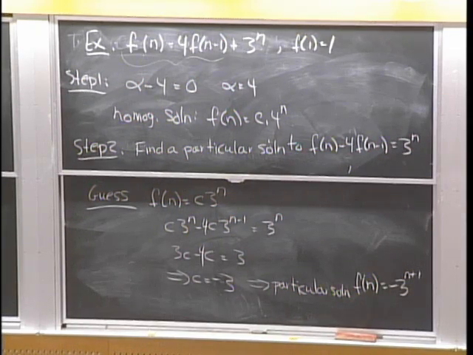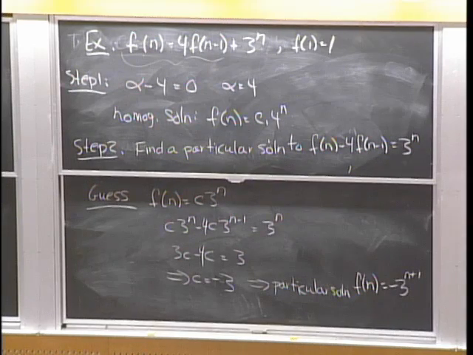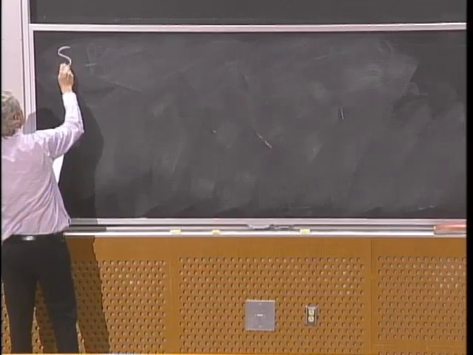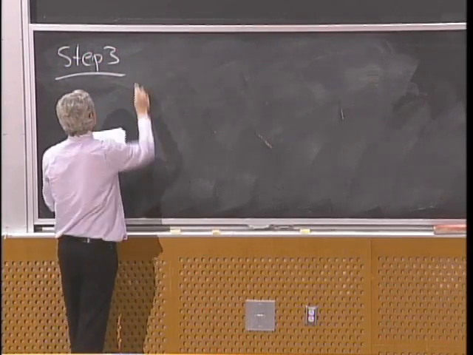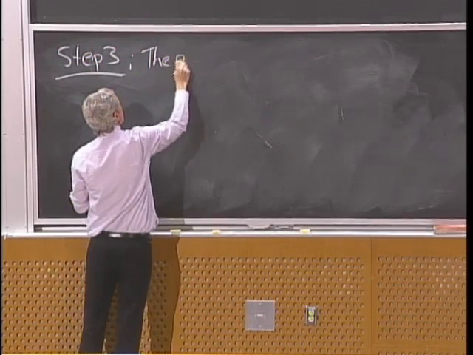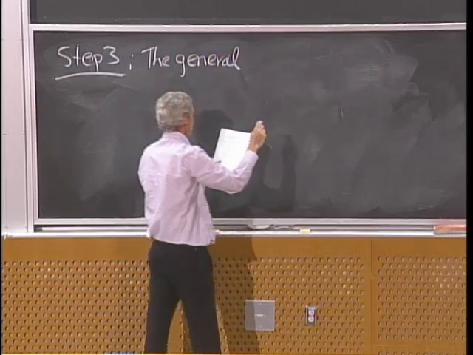All right. Now we go to step 3. Step 3, we find the general solution by adding the homogeneous and the particular solution.